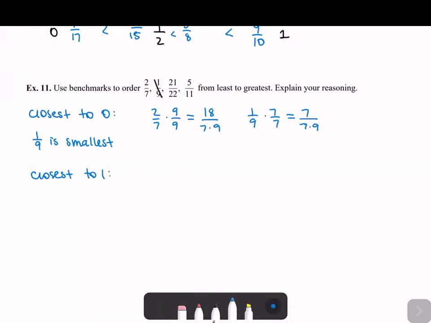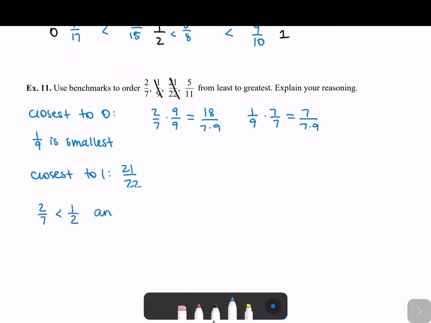So the closest to 1 is 21/22. Okay, so now we need to compare 2/7 and 5/11. Like we did before, we can start by comparing these to 1/2. So 2/7. Well, 1/2 of 7 is 3.5, and so 2 is less than that. So this is less than 1/2.